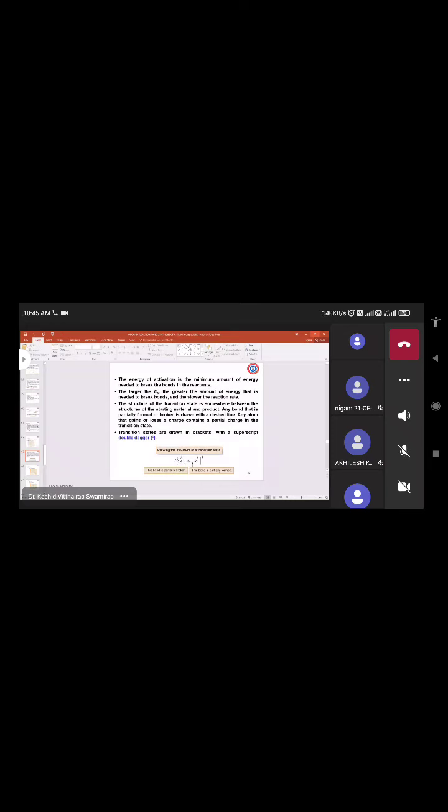Similar means your delta negative at this side and delta negative at this side will be the same. But if you replace that ligand, if you replace the counter anion, in that case your delta negative at this side and delta negative at this side will be different. Okay, that also will tell you which bond will break first, either this or this.